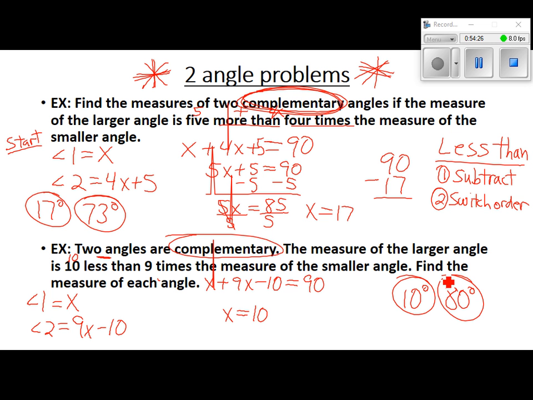How do you get 80 again? We knew they were complementary angles, so if the first angle was 10 degrees, they have to add up to 90, so we did 90 minus 10. We could have also plugged in x is 10: 9 times 10 minus 10 gives the second angle. It should give you the same thing.